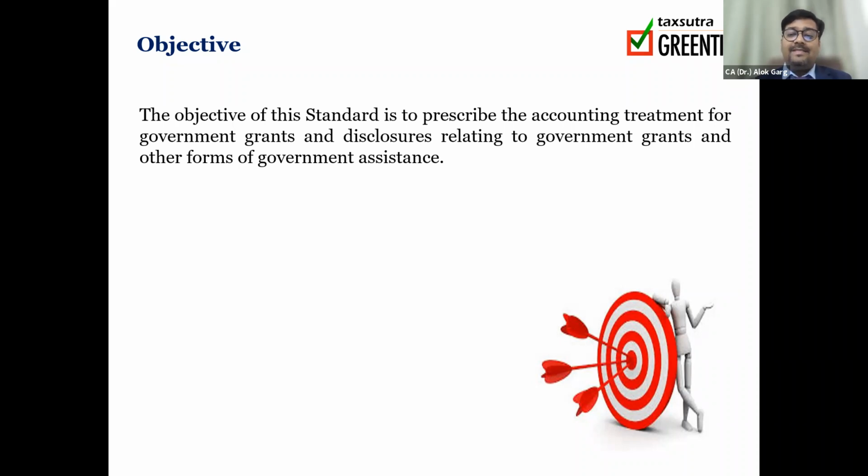And government assistance is something where the value cannot be derived, and hence qualitative disclosure can be made, but quantitative disclosure cannot be made, and when there is not any value, in that case the accounting cannot be done. For example, if the government has given a land to the company, in that case the land has a value and hence it is a government grant for which the accounting can be done, for which the disclosure can be done.